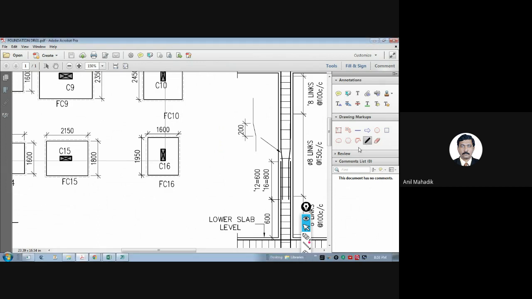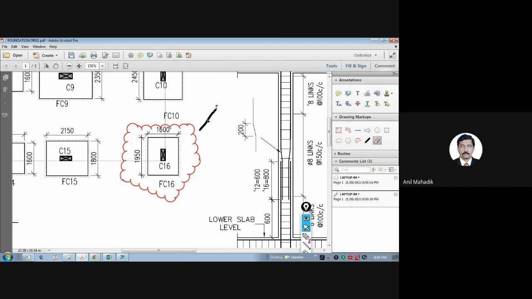So let's say I am the architect now and I am putting this cloud and writing here, rotate column.